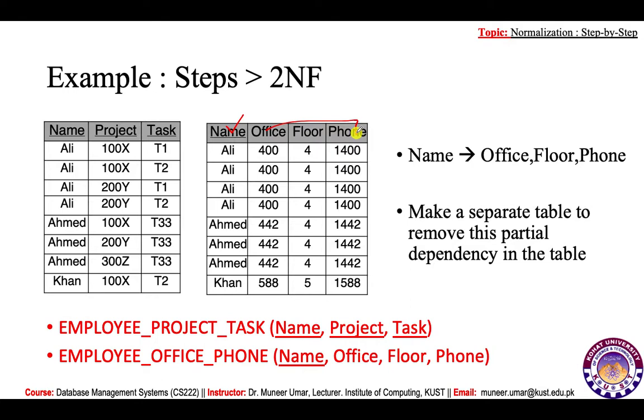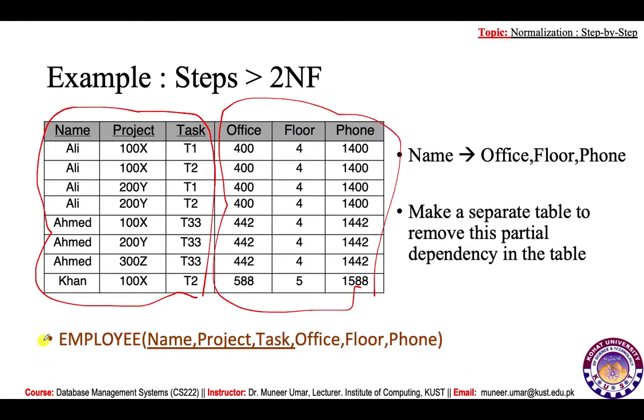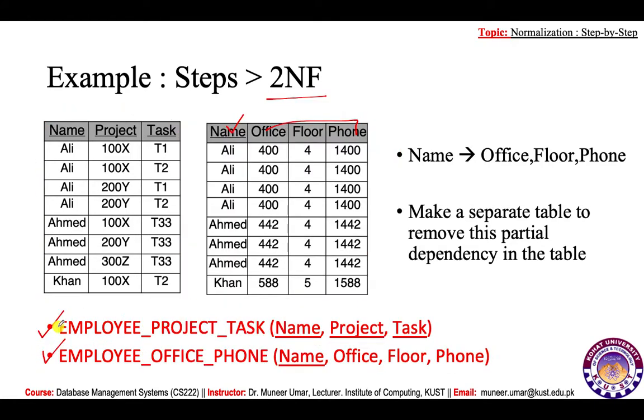So now both these tables are in second normal form because there is no partial dependency in these two tables. So here we have now two tables made from this one table.